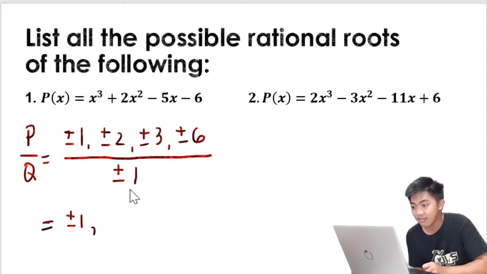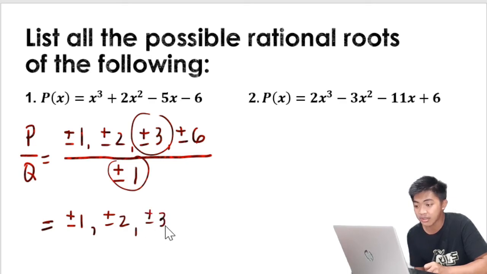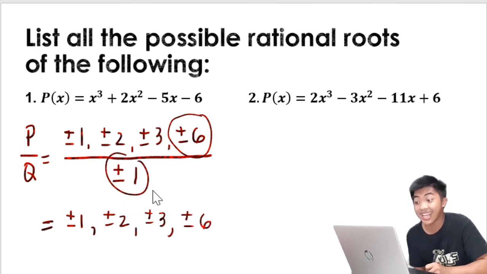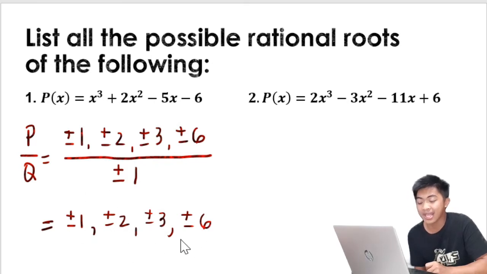Next, i-divide mo ito by the denominator, and that is just positive negative 2. Next naman is ito, and that is positive negative 3. And then last one, ito kapag i-divide mo dyan, same din lang, that is positive and negative 6. So ito po ang mga possible rational zeros of the given polynomial.